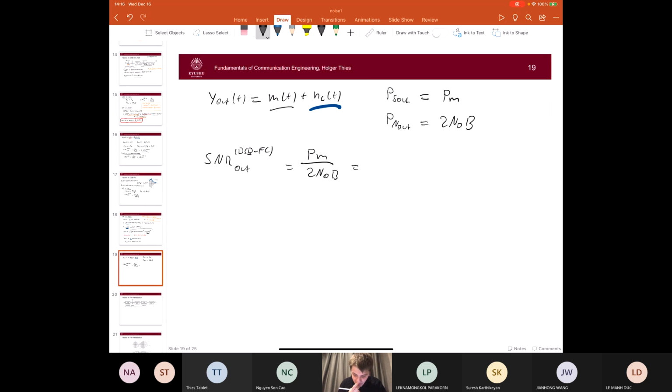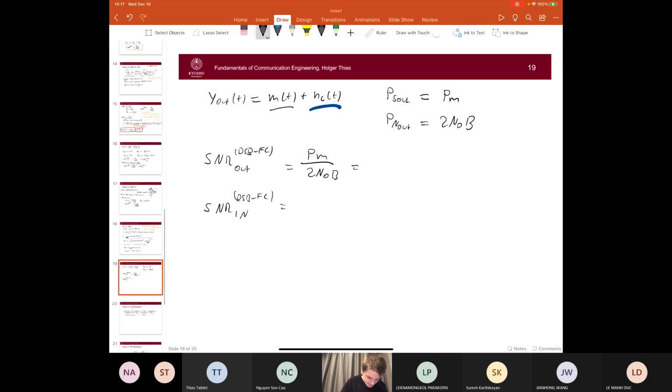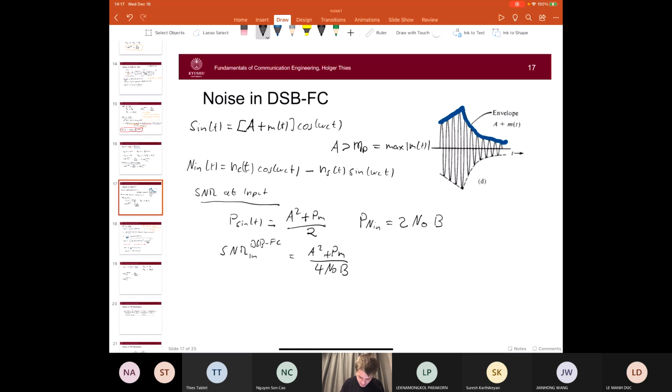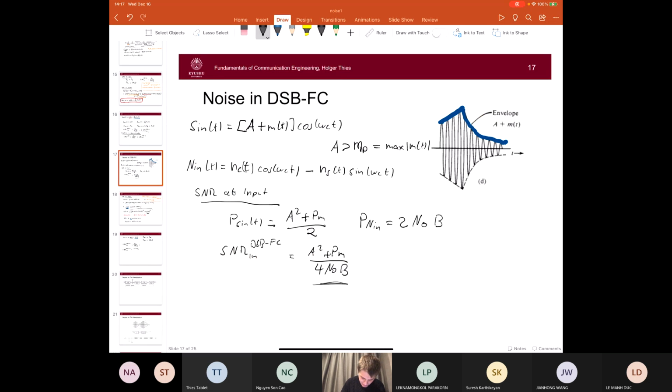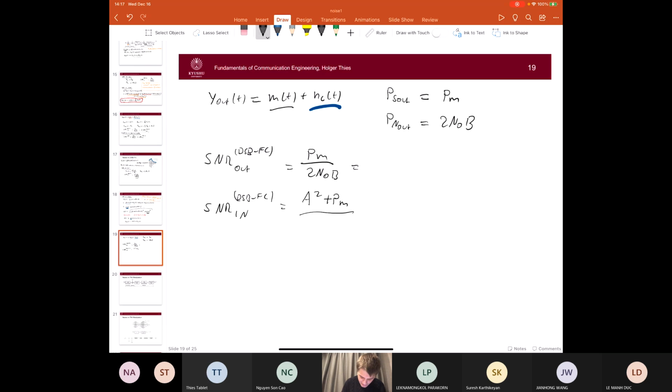And we can rewrite this a little. So recall that the signal to noise ratio at the input, what was the signal to noise ratio at the input? The signal to noise ratio at the input was this expression, right? So a squared plus pm over 4n0b. So what do we get for the signal to noise ratio at the output?